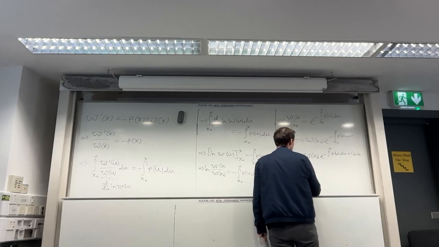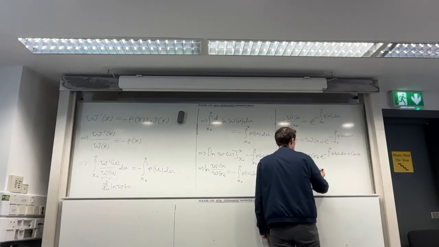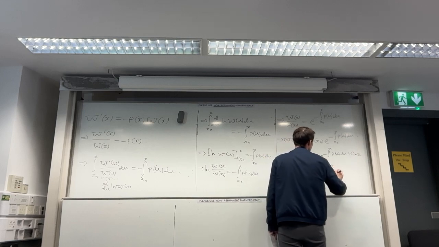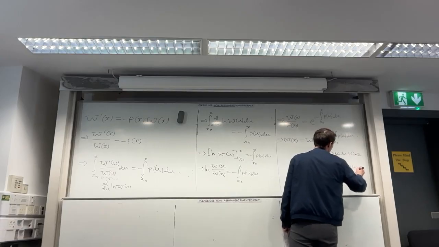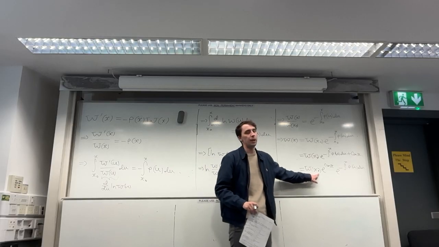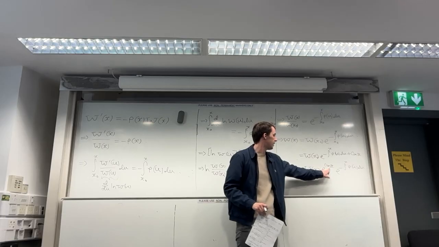Then we can rewrite this exponential term as e to the power of some constant times e to the power of the integral. Of course, x0 here is just some constant, and e to the power of some constant is a constant.